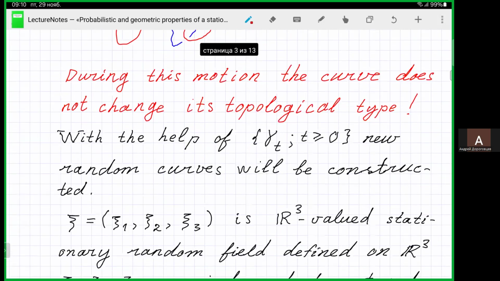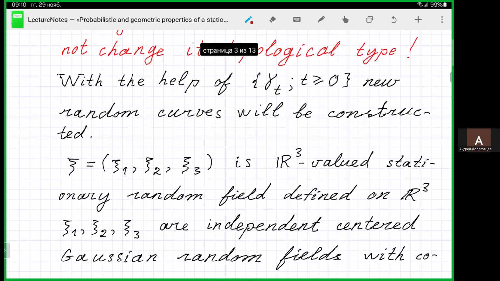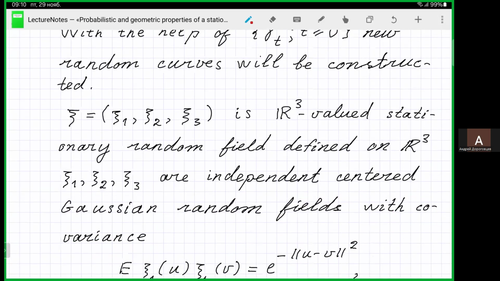But with the help of this gamma t, we will define a new random curve, which is the subject of our interest today. Let me recall that last time we stopped discussing the random field in R3, which is an isotropic stationary random field consisting of independent coordinates, and every coordinate of this field is a Gaussian random field with covariance.